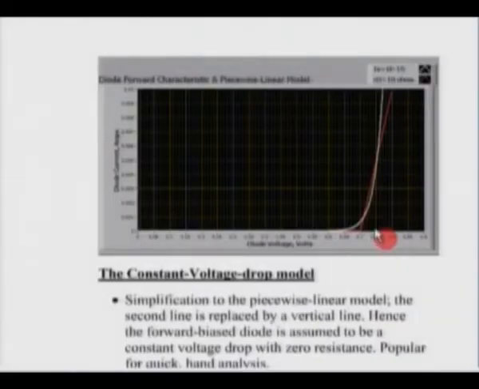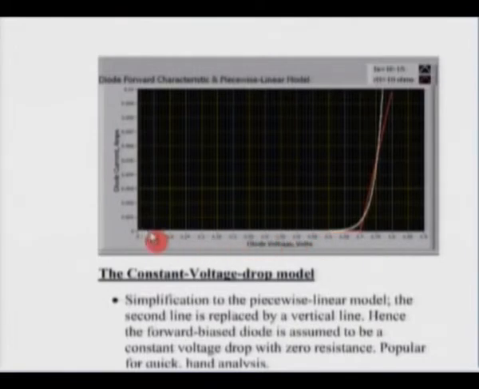Now what we have here is a quick simulation, a graphical way of showing how accurate the piecewise linear model is. The white curve gives you the diode equation assuming Is to be 10 power minus 15 amps, and the other one has 0.7 volts as the forward drop.